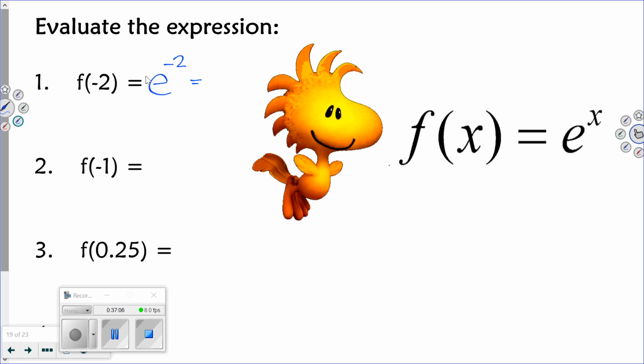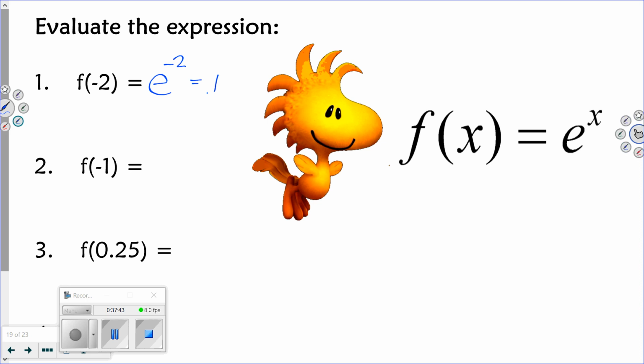Where's E? Look on your calculator. Anybody see it? It's above the LN button. So if you look at your on button, 2 buttons above that says LN, it's above there. It says E to the X. E always has an exponent to it. So if you would hit second LN, notice it puts an E and automatically opens up your exponent. It always has to have one. So I would plug in -2 and see what you get.